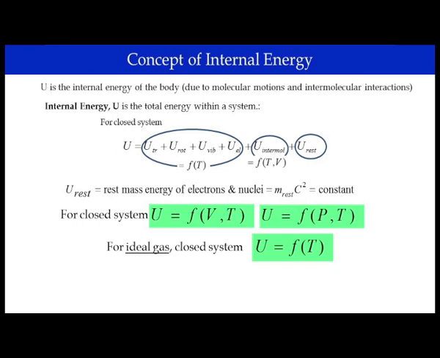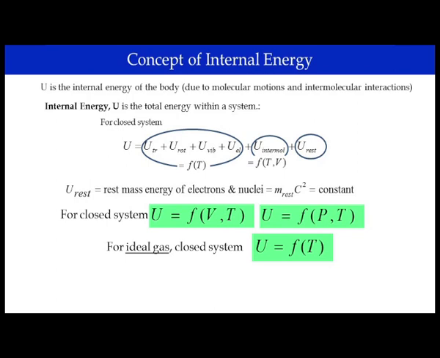So, the first 4 terms are dependent on temperature, the second term is dependent on temperature and pressure or temperature and volume, and this is a constant term. So, we can write for a closed system that internal energy can be represented as a function of temperature and volume, or a function of pressure and temperature.